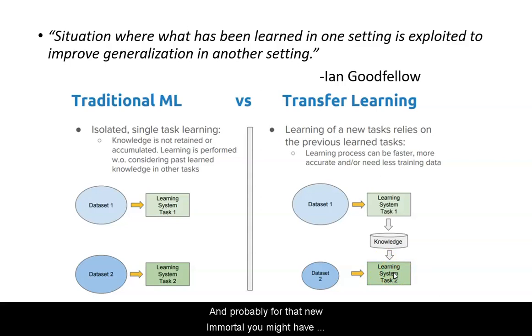And probably for that newer model, you might have even a very small data set. So clearly there is an interaction or a transfer of knowledge happening between these two models.